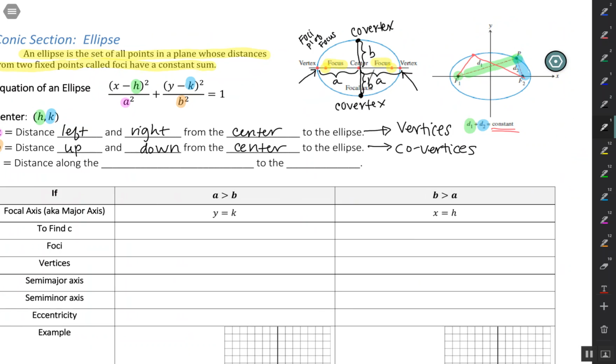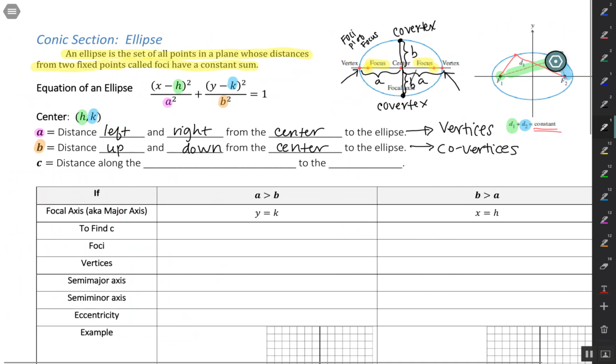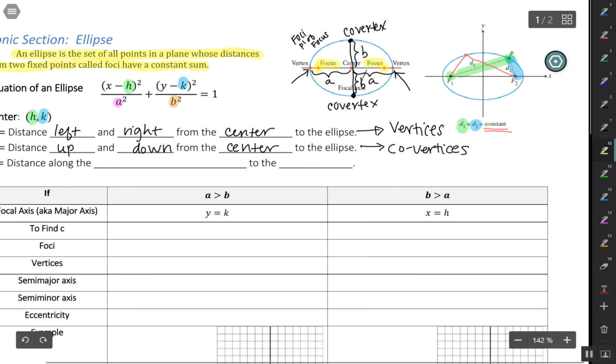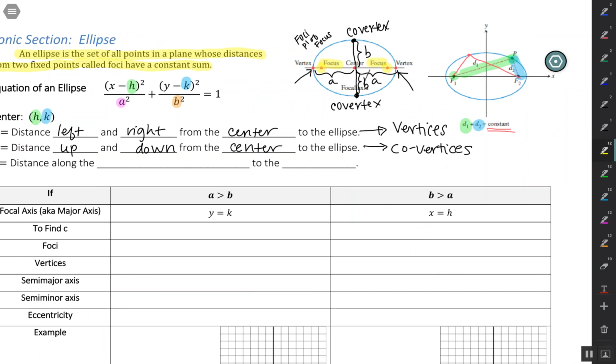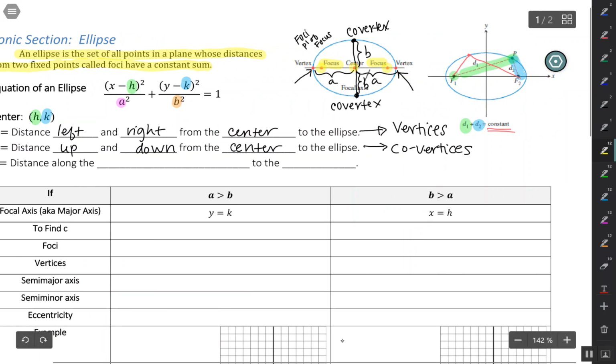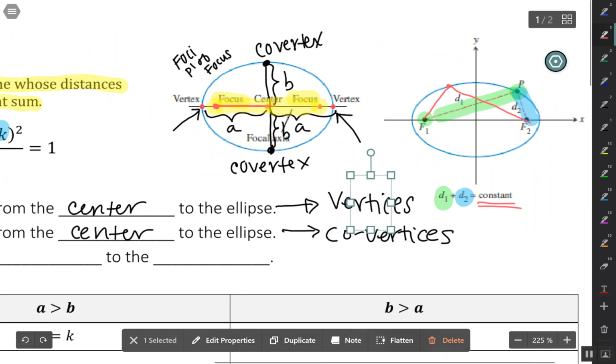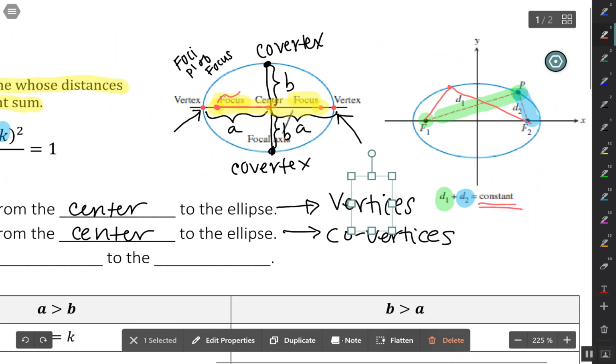Okay, and then the other thing that we have here is c. So c is the distance from the center to the focus on each end. So from here to here, let me zoom in on that. This is c.